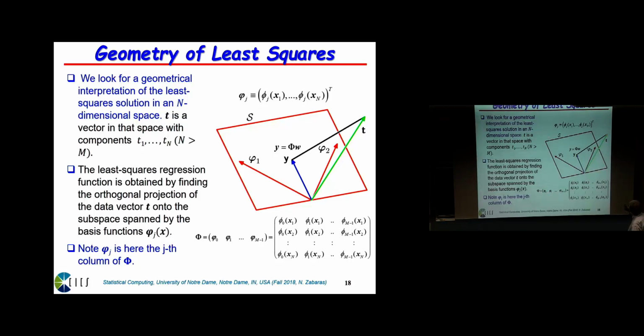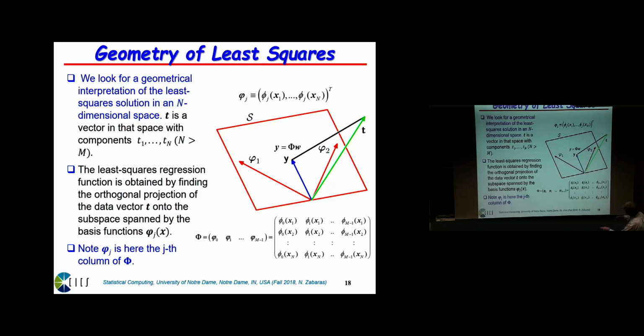You have a response of the system in the n-dimensional space, and you're looking to find an approximation on this subspace S, and the approximation is really a projection onto these basis functions. So this projection is phi times W. You want to project T onto that subspace in a way that minimizes the error.